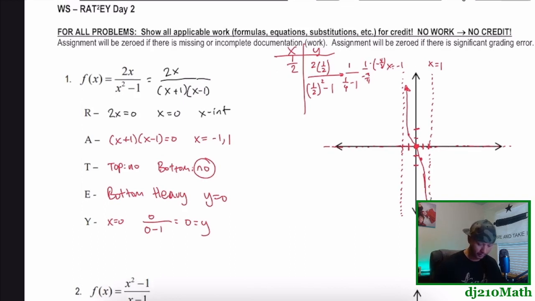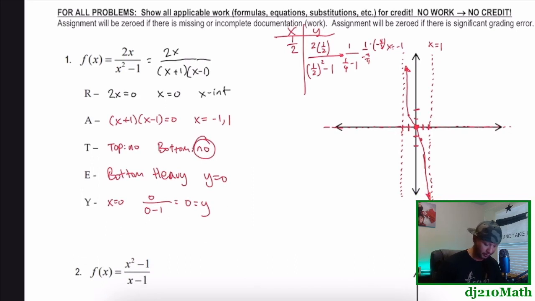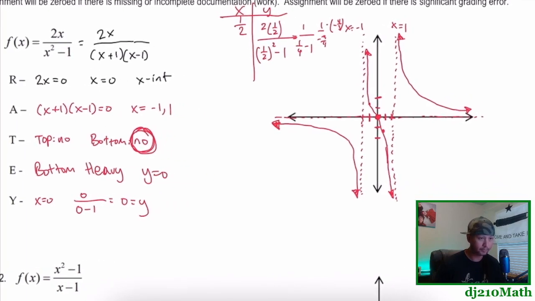And again, because we answered no to the bottom part, that means that the branches are going to go in opposite directions around that vertical asymptote, around all vertical asymptotes, and then out towards the horizontal asymptote. That's how it looks. Usually when you have an x squared, they look crazy.